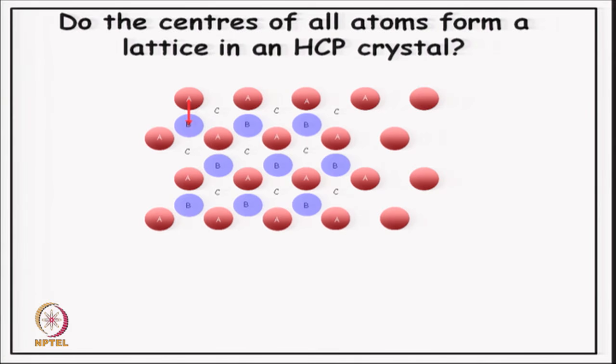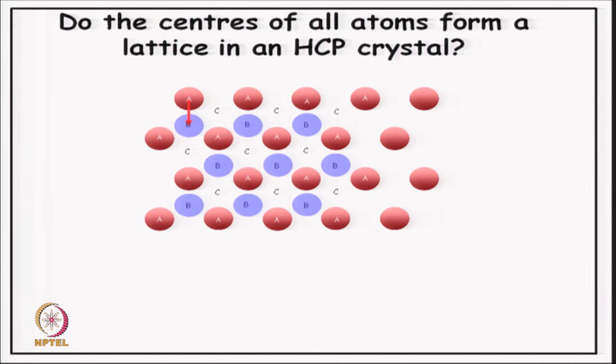From the centroid, we have to lift ourselves up to the center of the B atom, and the B atom is in the next layer, and so it is above the A atom. So, that particular vector going from A to B, having both horizontal and vertical components, is shown in red here in the projection. So, an A atom has a neighboring atom at this translation vector.